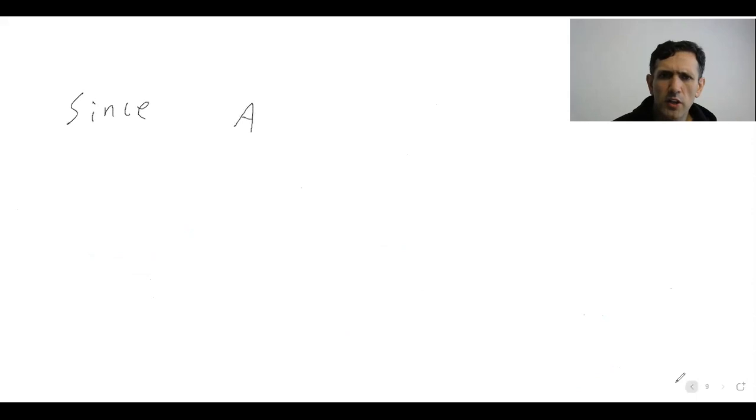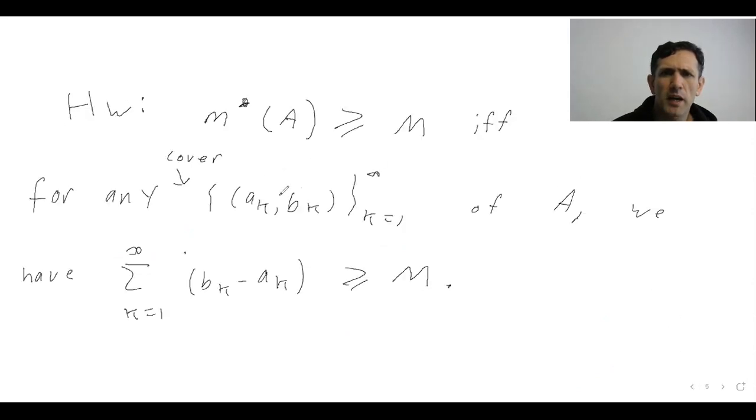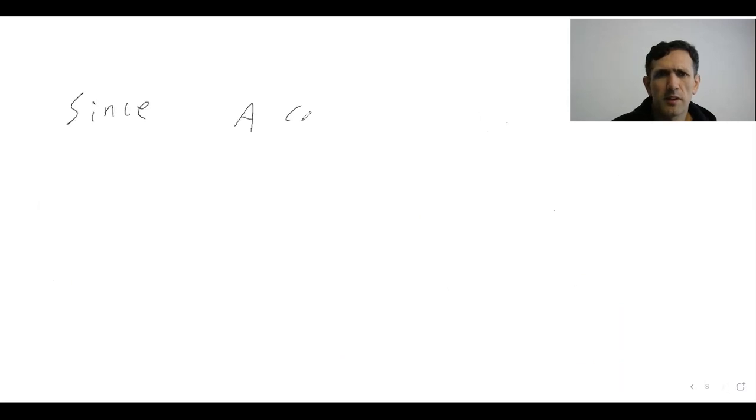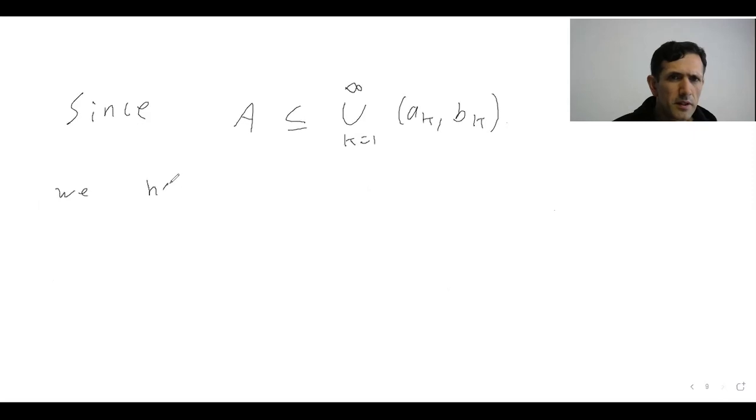So A is covered by these intervals. So A is a subset of the union of these intervals, AK to BK. So A is a subset of this union here. Just intersect this with little a to infinity.